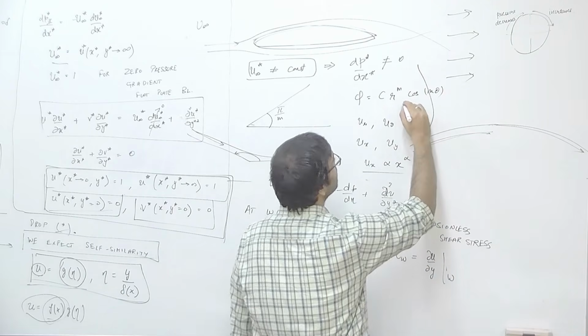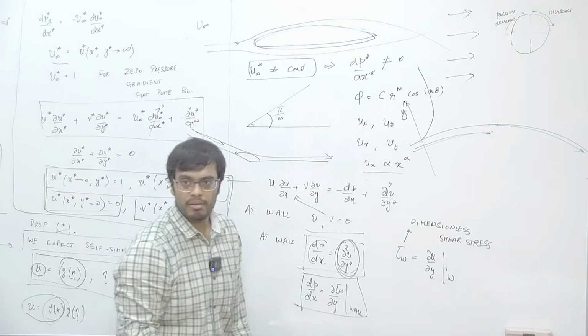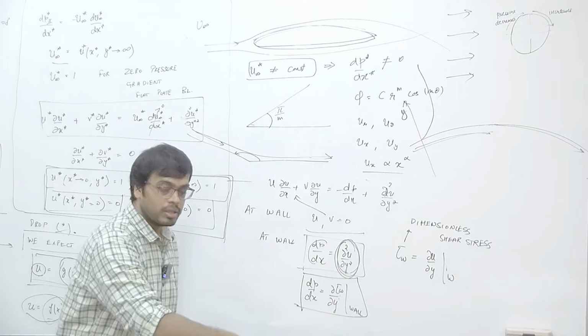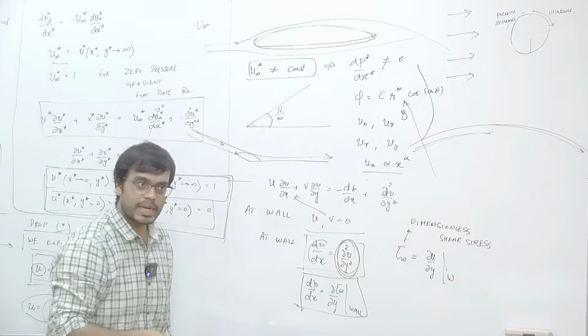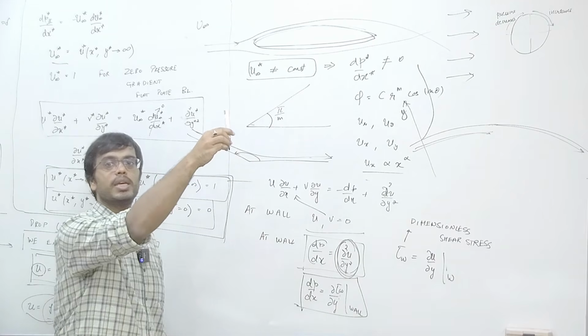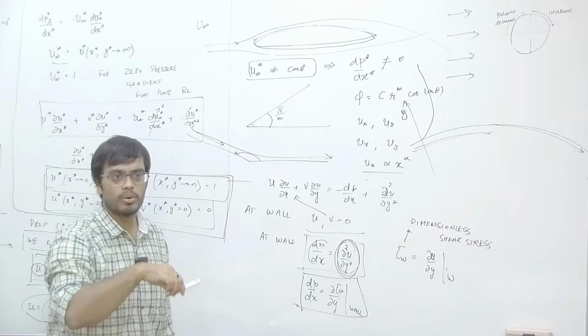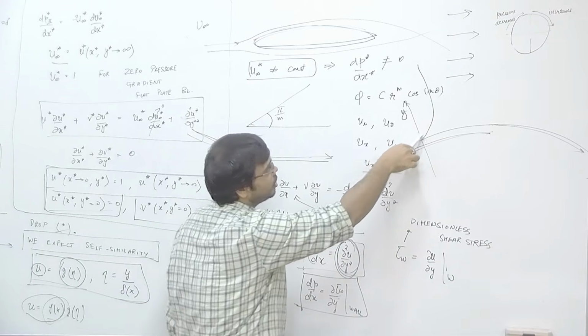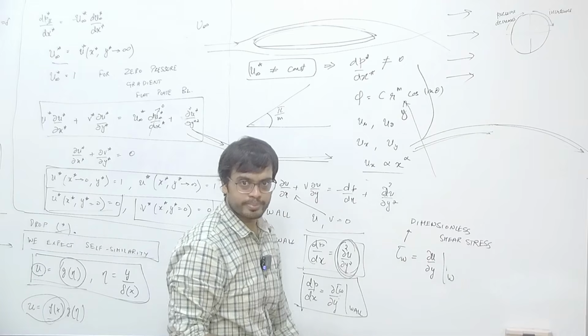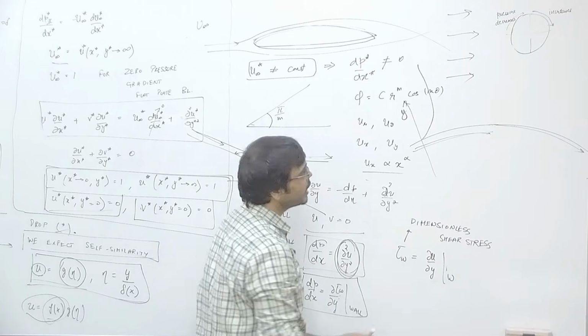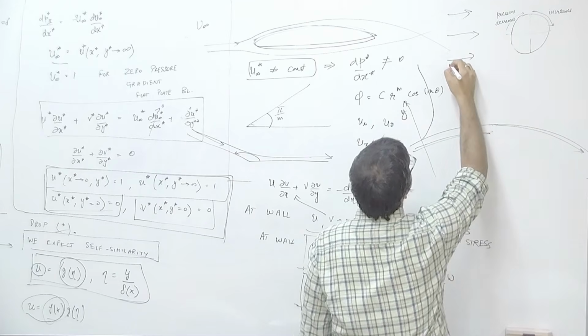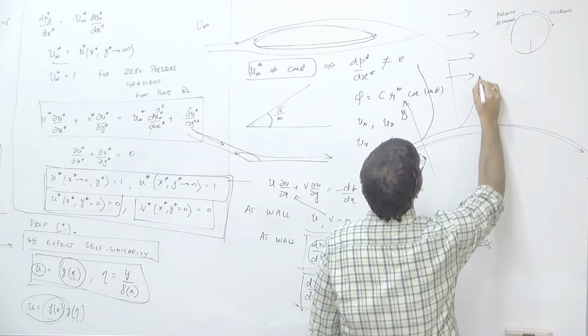Your velocity, let us say this is your y, the velocity will be varying such that the derivative du by dy is approaching 0 from a very large value to 0. Okay. As you move further, this is what happens to your du by dy.